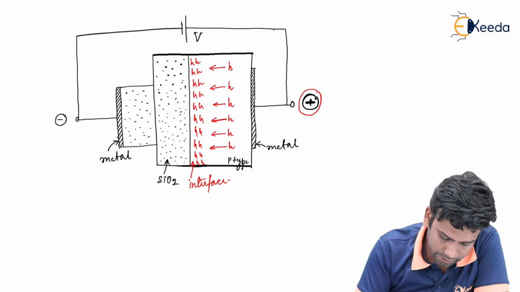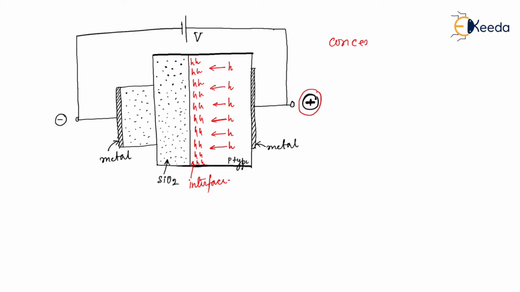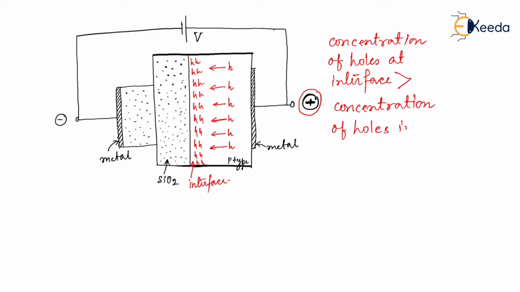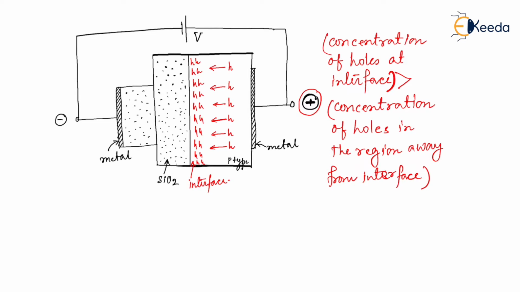So we can write that, hence the interface region semiconductor will behave as more p-type than the semiconductor which is away from the interface.